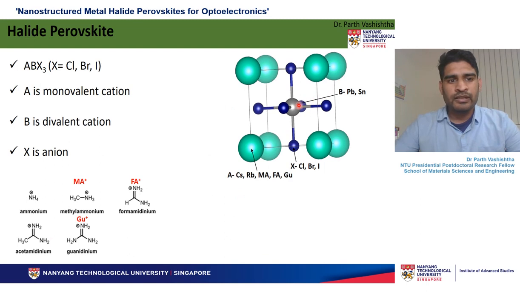B here is a divalent cation such as lead and tin. And X, as we already know now, is chlorine, bromine, iodine, a halogen. This whole makes a perovskite crystal structure, which is an exciting new class of material, and it has emerged in the last decade for solar cell and LED applications.